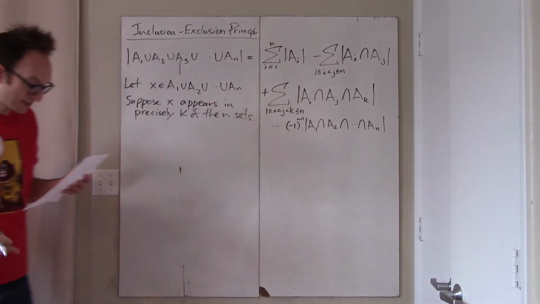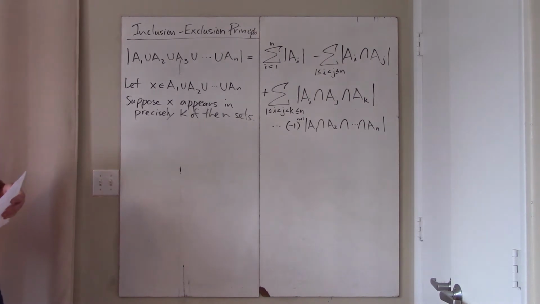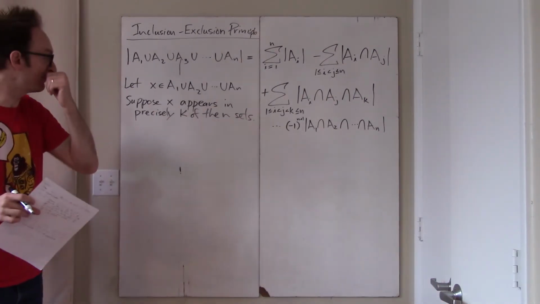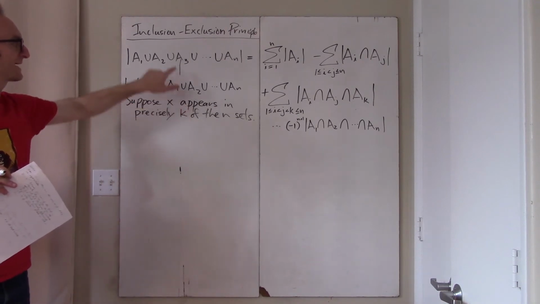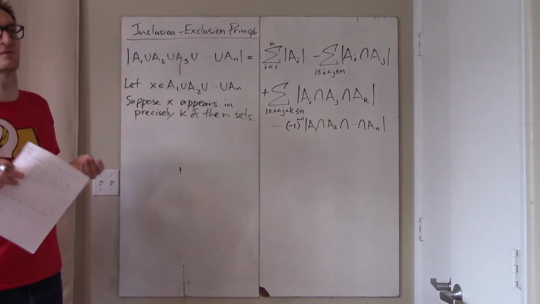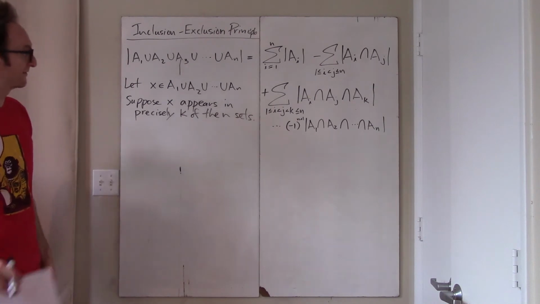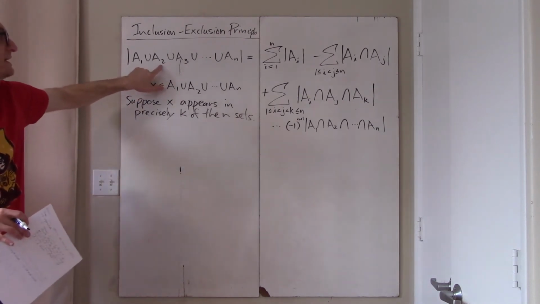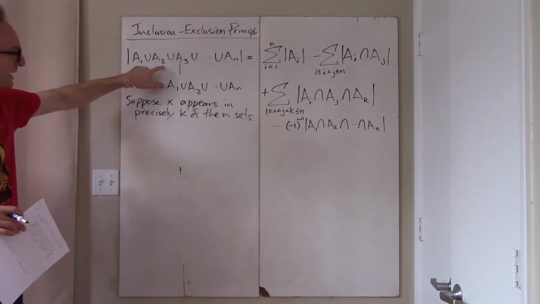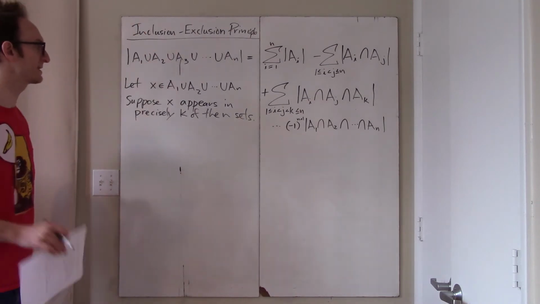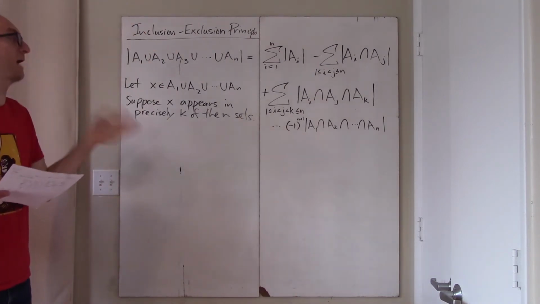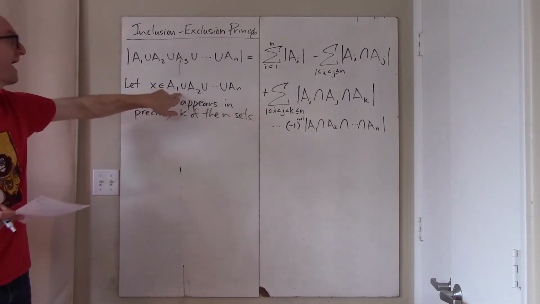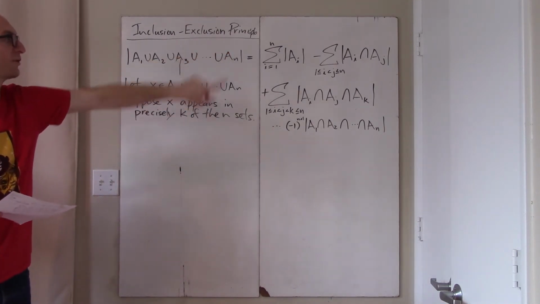Okay, so just for example, if k is 5, then this element x is in the intersection of 5 of those sets. And if x is just in A2, for example, and not in any of the others, then k would be 1. Okay, well, now we just track how many times x is being counted on the right-hand side.